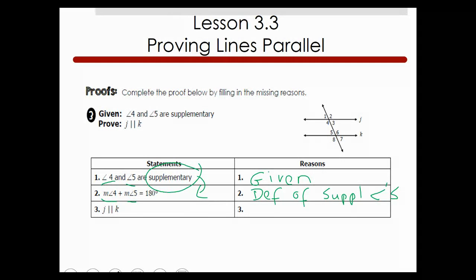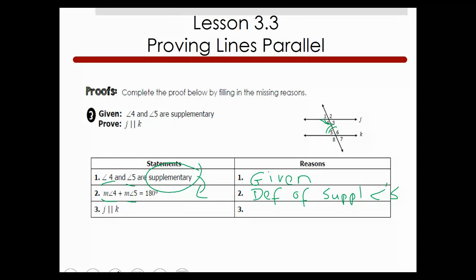So now we're trying to find why lines are parallel. So when we're trying to prove lines are parallel, we are trying to prove what converse we're going to use. So it says angle 4 and angle 5 are 180. So when they're 180, we're using consecutive interior converse.